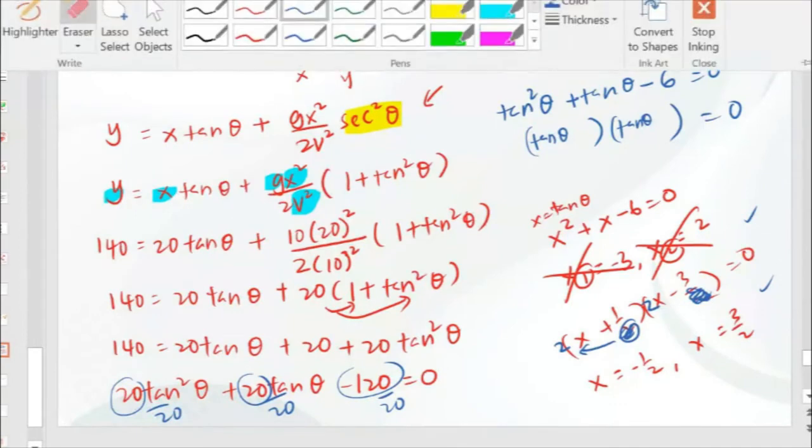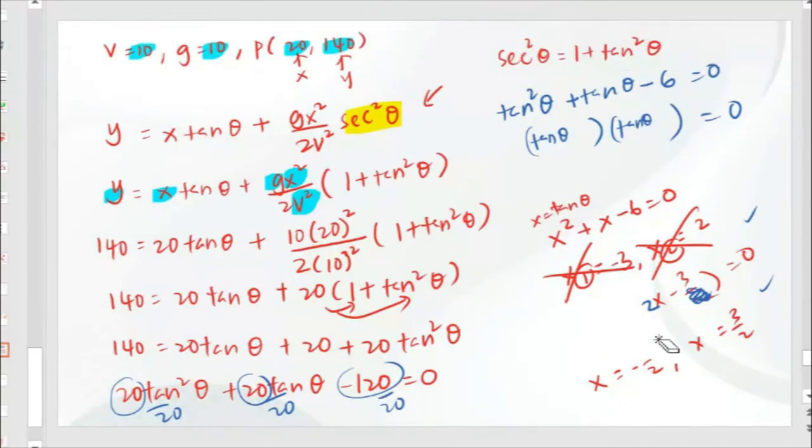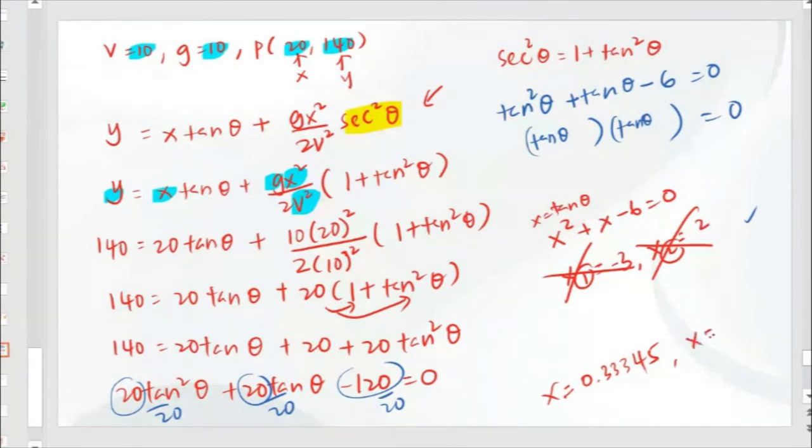And another one. Once you press your calculator, then you get your answer. Now, I don't write x1. You get your x, one is 0.33345, for example. Another one is x equal to 1.234. So how are you going to do your question? Is it x minus 0.33345, x minus 1.234 equal to 0?